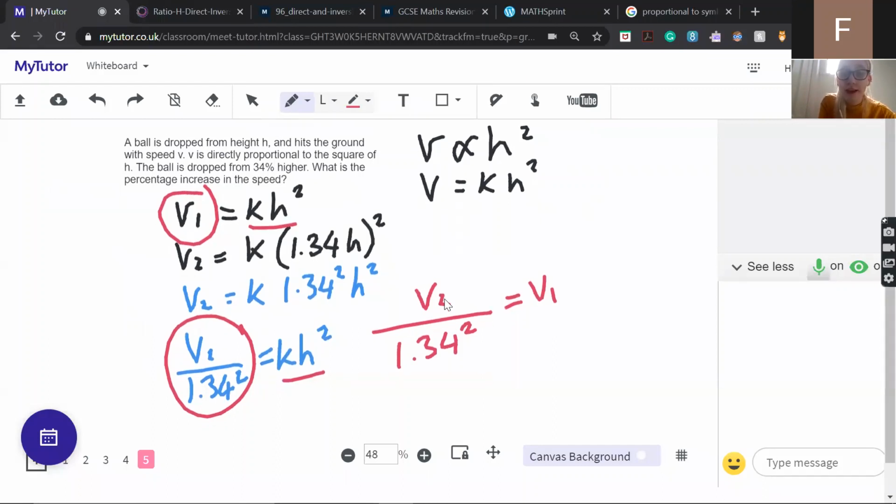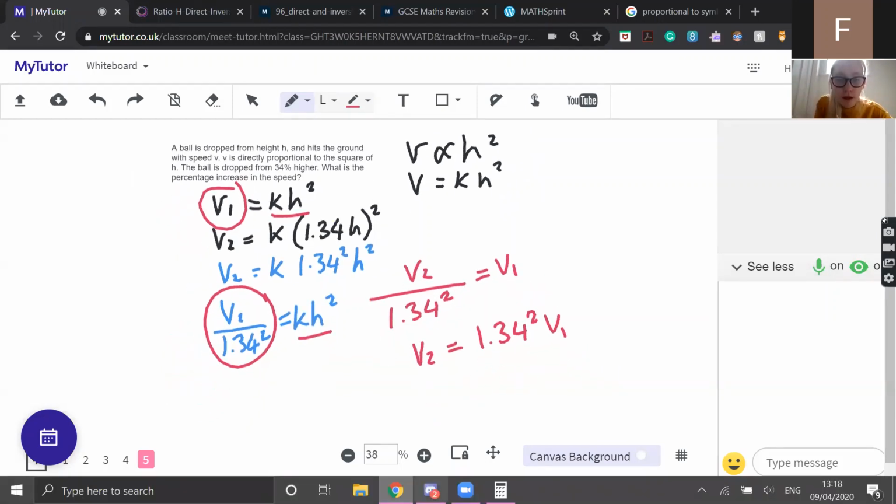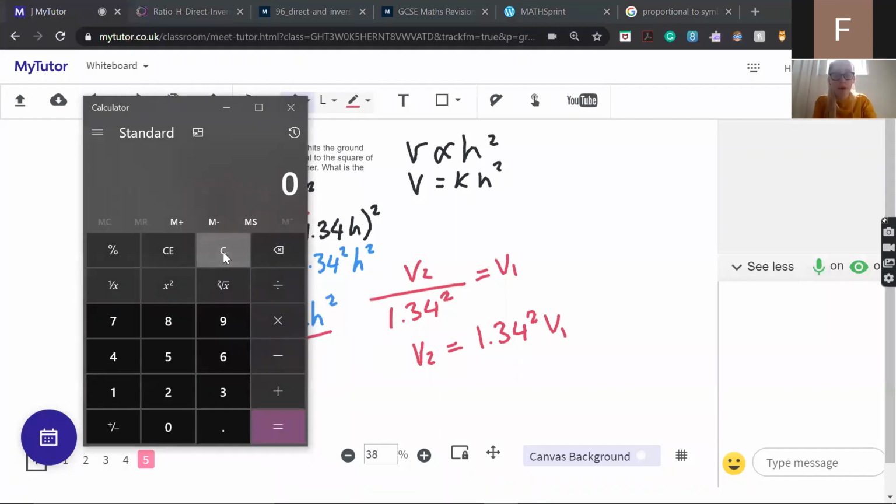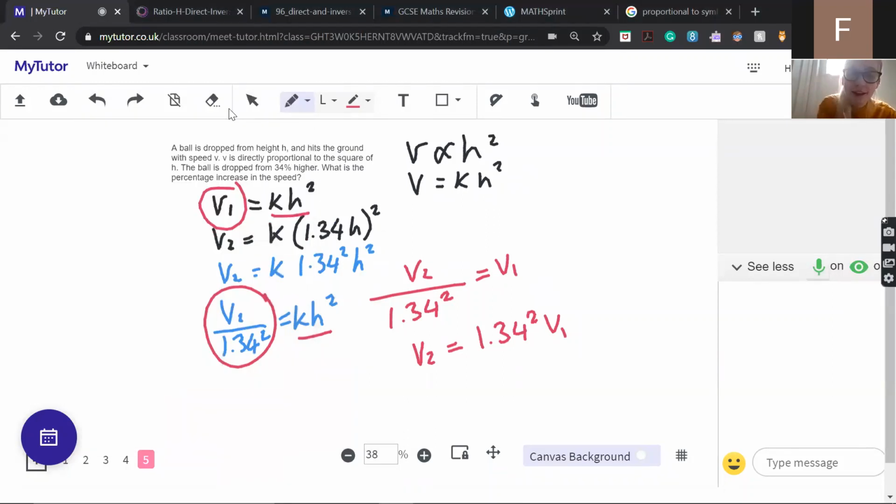So we just want to quickly make V2 the subject. V2 equals 1.34 squared V1. So what that means is that our new velocity is 1.34 squared times the first velocity. So what is that? It's 1.7956 V1.